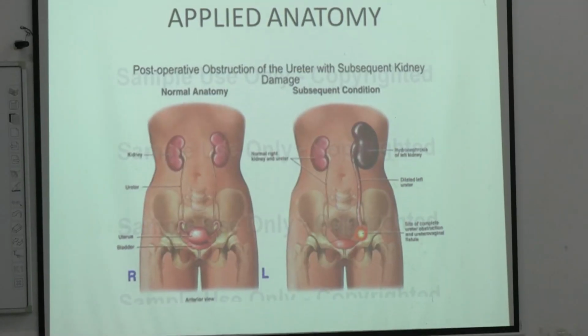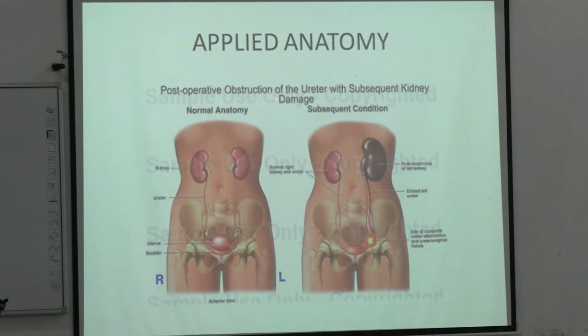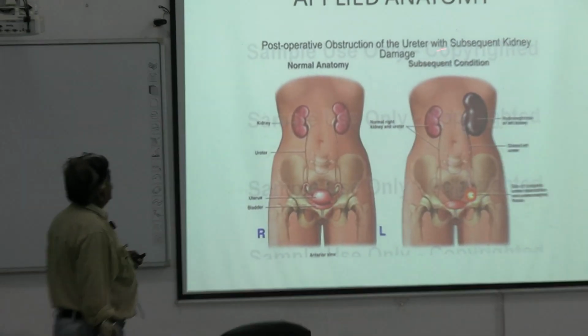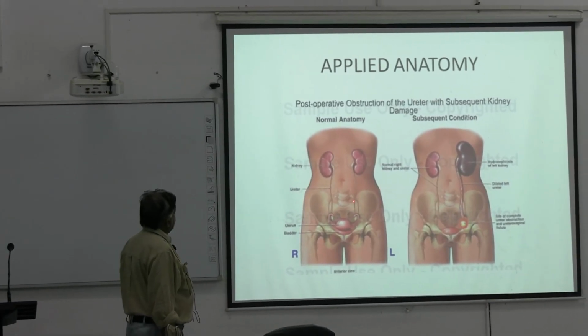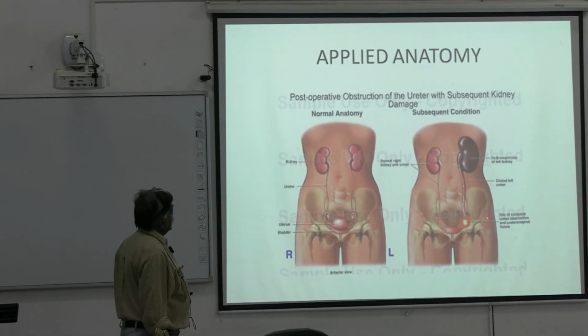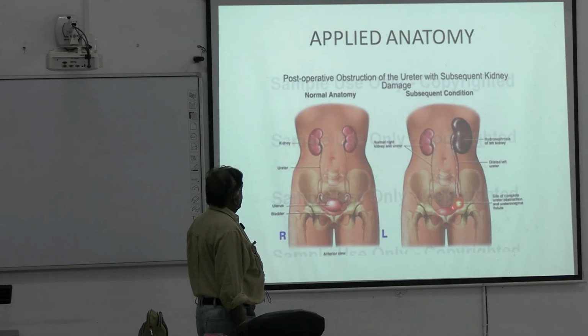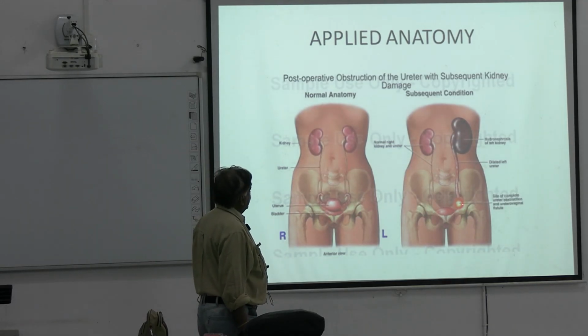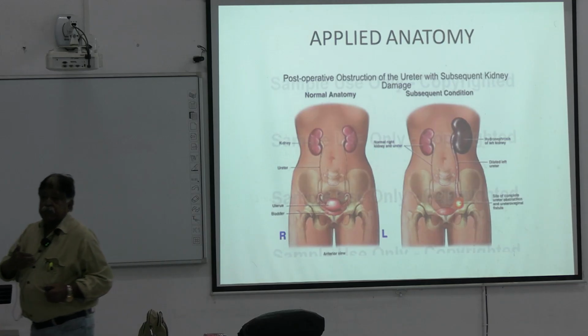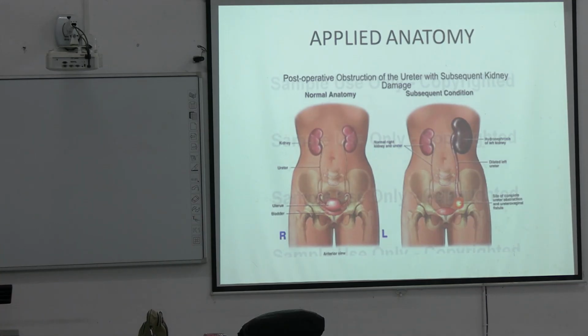Now, post-operative obstruction of the ureter with subsequent kidney damage. Normal anatomy is this, and see the post-operative picture. That's why you watch the urinary output whenever there are major surgeries related to the pelvis, most commonly abdominal or vaginal hysterectomy.